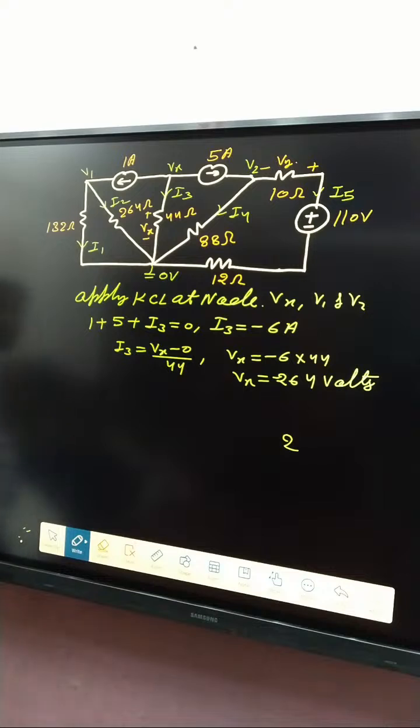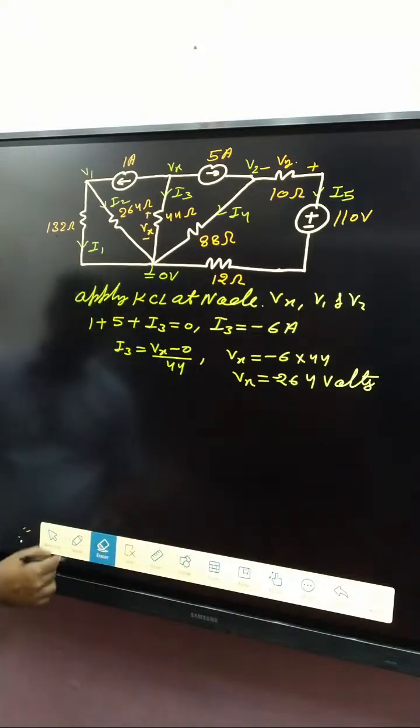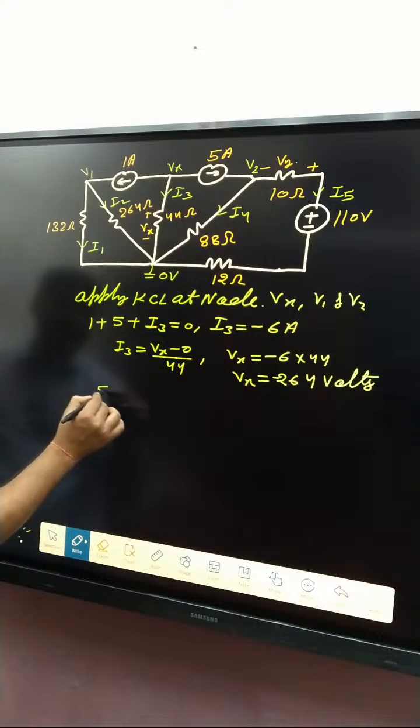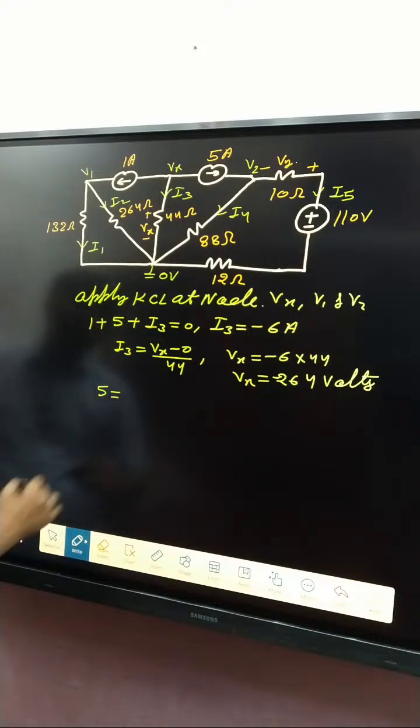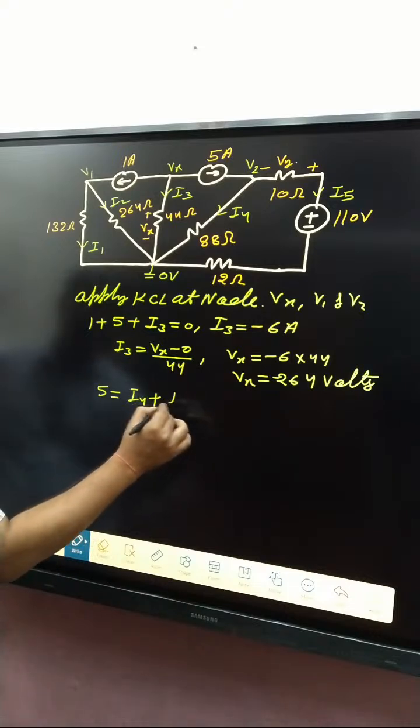After that, apply KCL at that node, because we are focused on Vx. Incoming current 5 ampere, outgoing current I4 plus I5.